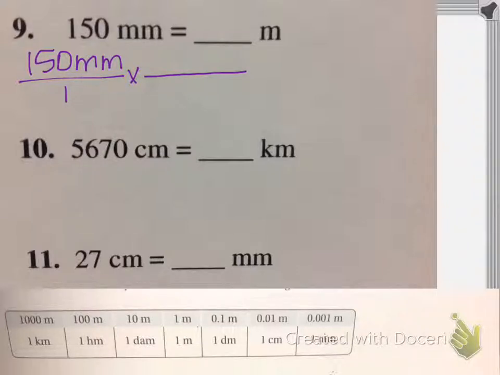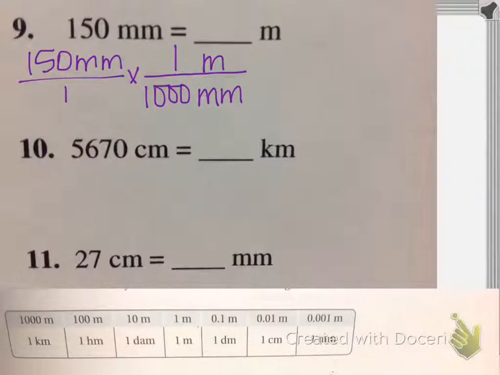And since we know that we want our millimeters to go away, we know that we're going to need a conversion factor that has millimeters in it as well. And we want our millimeters to be on the bottom so that it will cancel. So we do have a conversion that compares millimeters to meters, which is what they want me to get. So I know that 1 meter is the same thing as 1,000 millimeters.